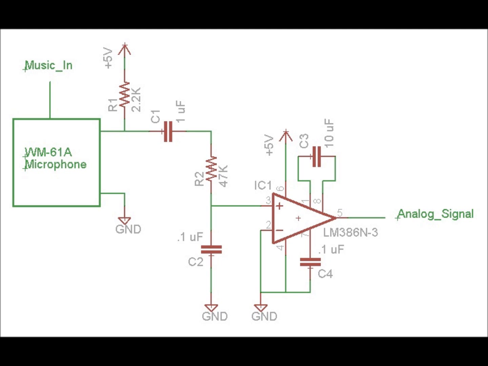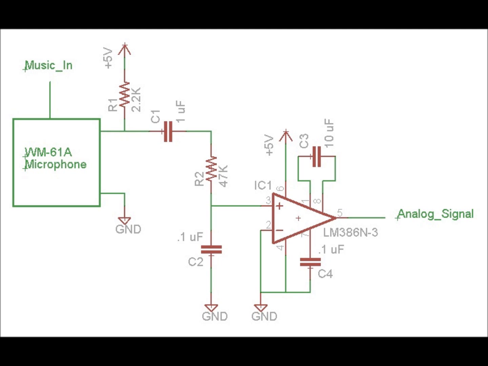The values of R2 and C2 were initially calculated so that 160 Hz was the cutoff frequency. However, initial experiments resulted in the circuit not being sensitive enough to bass, so the value of R2 was raised until the cutoff frequency was 33 Hz. Next, the signal goes through the LM386 power amplifier chip, which has an adjustable gain of 20 to 200.